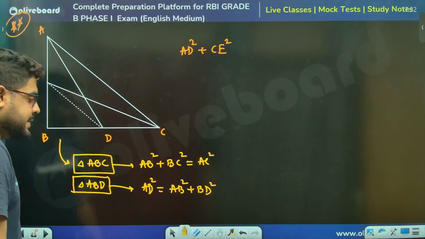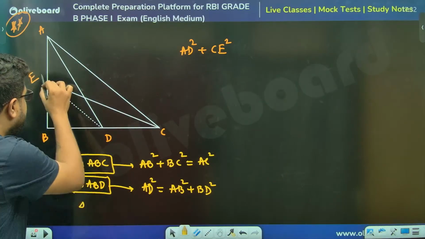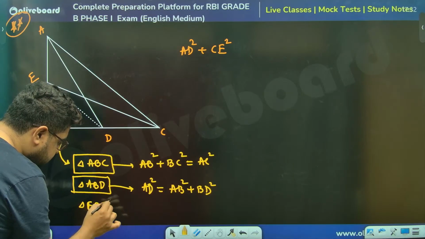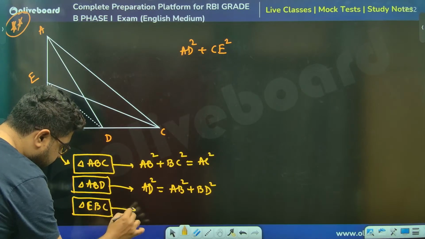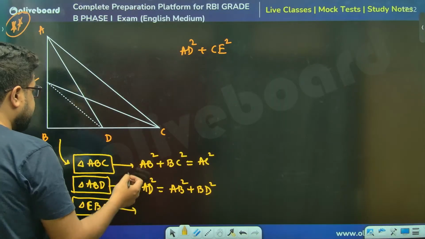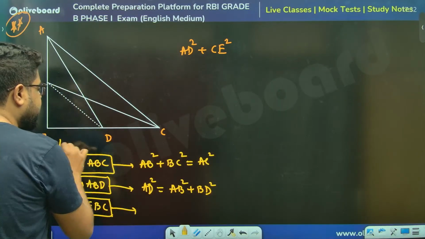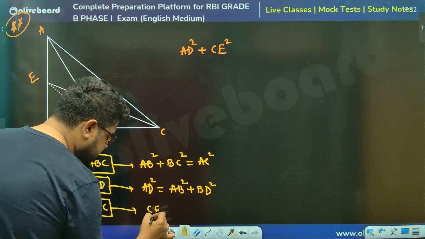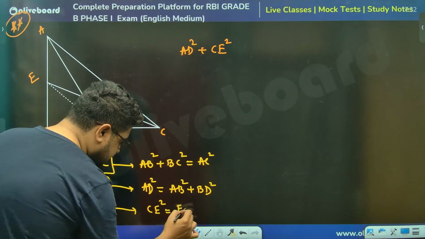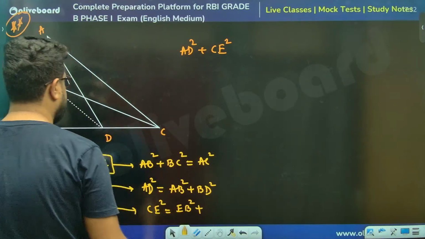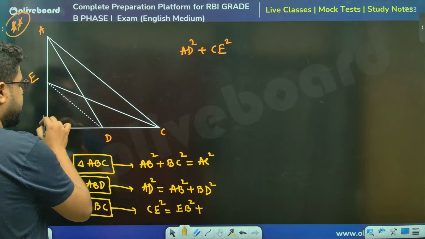Anything else? The smaller one, EBC, is a right angle triangle. Let's take that one too. So CE square is equal to EB square plus BC square.